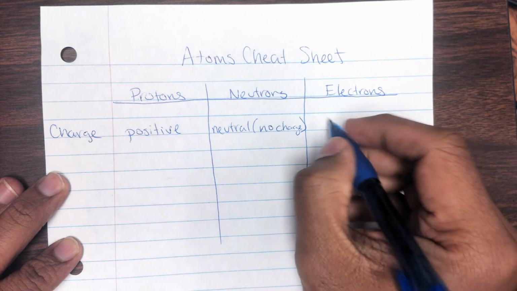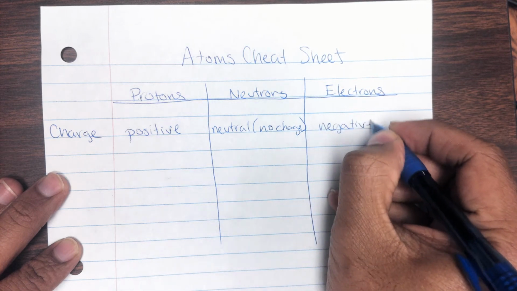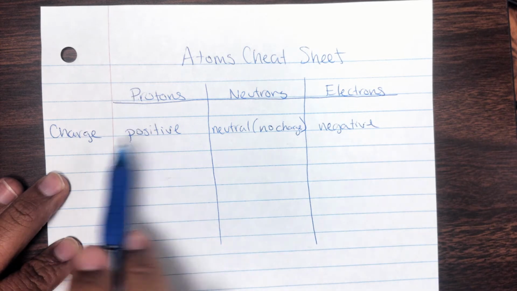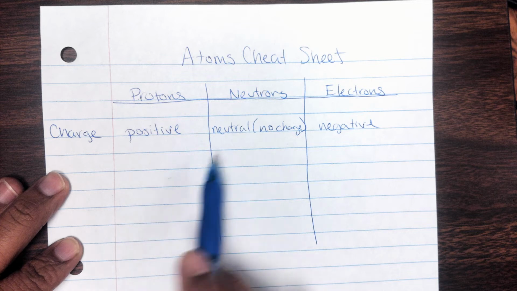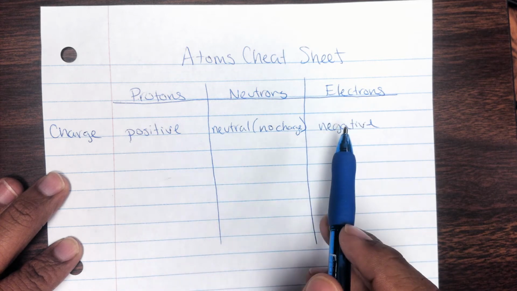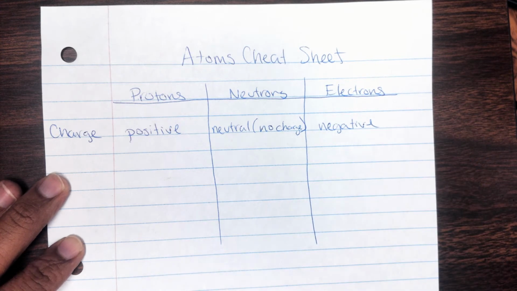And electrons are negative. The flow of electrons, the movement of electrons, is called electricity, and if you touch electricity, it's not going to feel good, and that is a negative feeling.